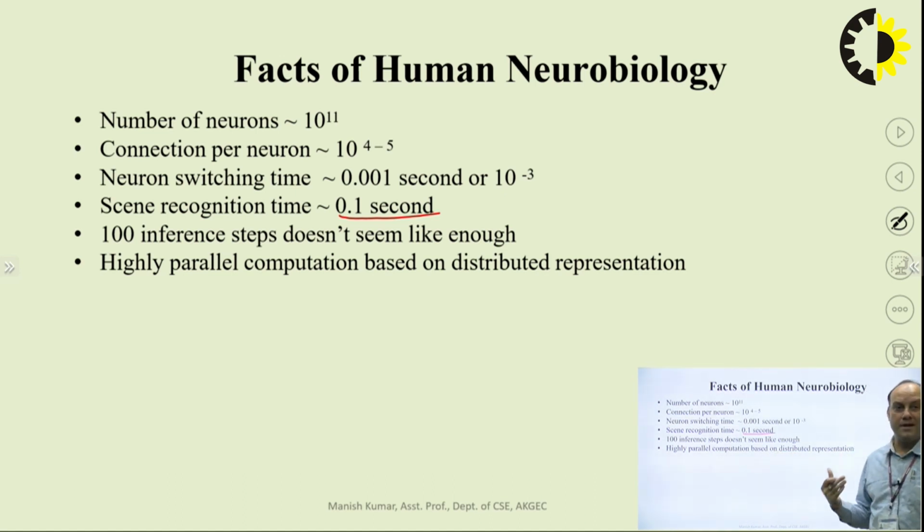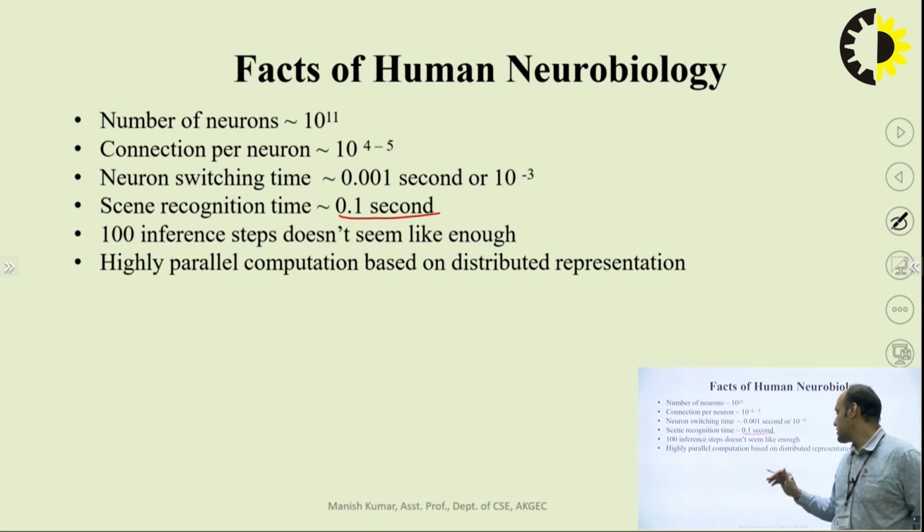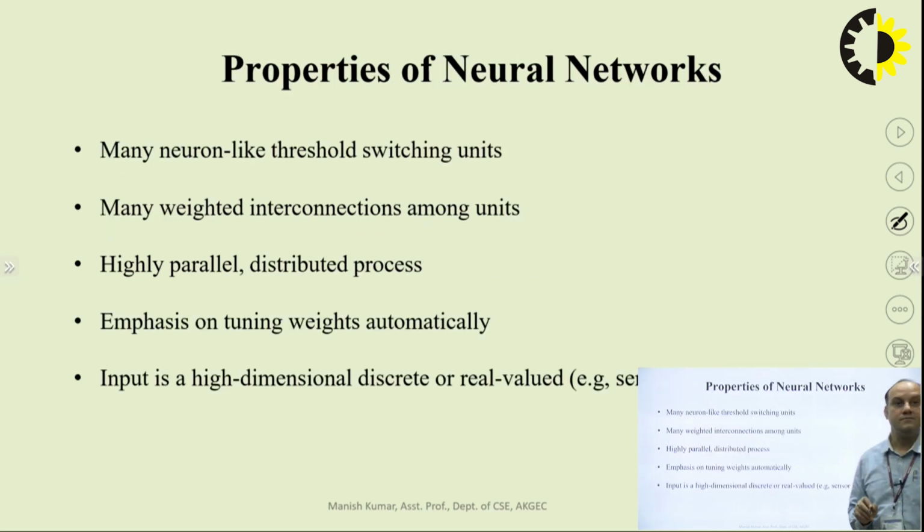We can compare it to our human brain, which is a highly parallel computation based on distributed representation. So what are the properties of a neural network? There are many neurons interconnected with each other, like threshold switching units, with many weighted interconnections among units.